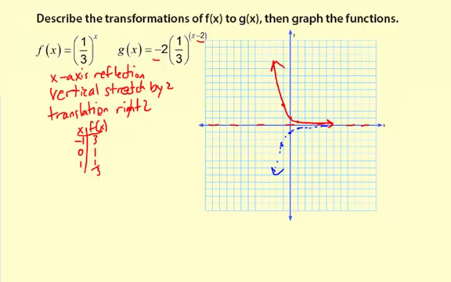Let me get a gray color here, see if that works. So I'll stretch everything by 2. We're just multiplying the outputs by 2. So then it would do this.